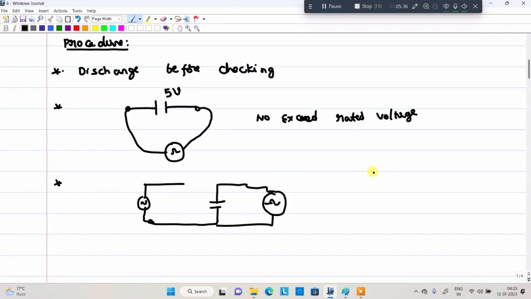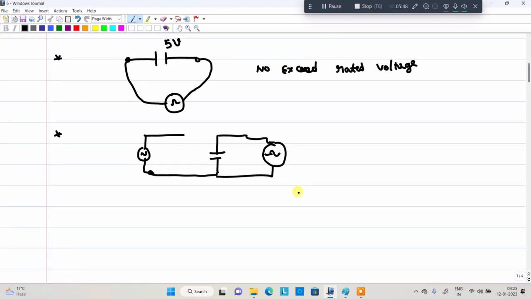That means whenever it is connected to the circuit, one of the terminals should be open circuited, disconnected from the circuit, and then checked.